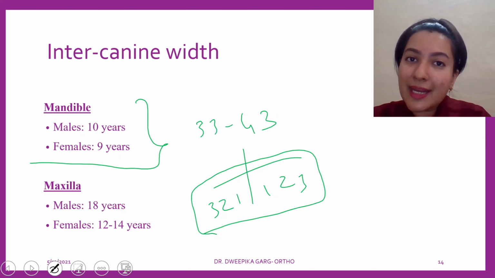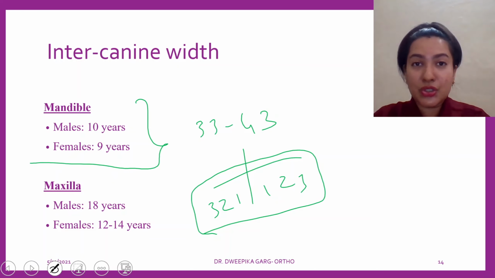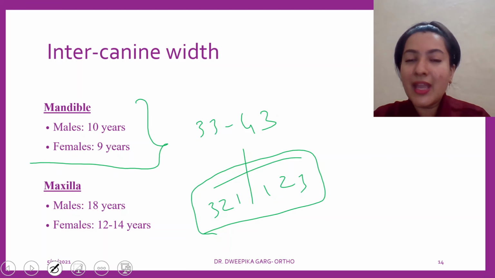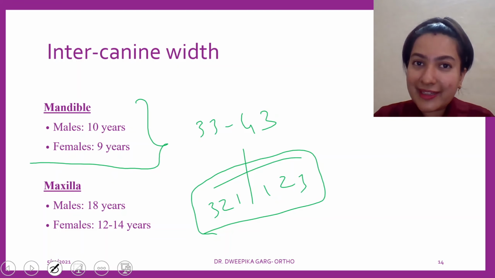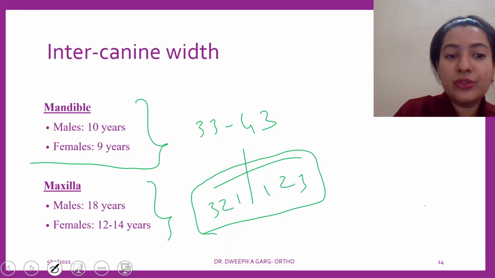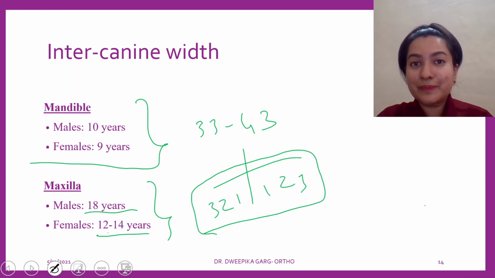After that, I will establish my own intercanine arch width, because that will help me in accommodating my permanent incisors. And if my permanent incisors get accommodated, there will be no crowding. The maxilla completes its growth by 12 to 14 years in females and 18 years in males.